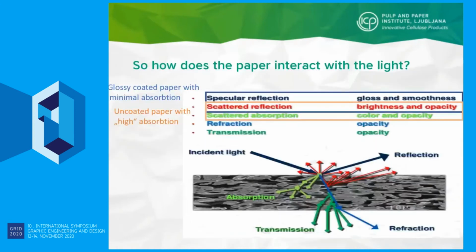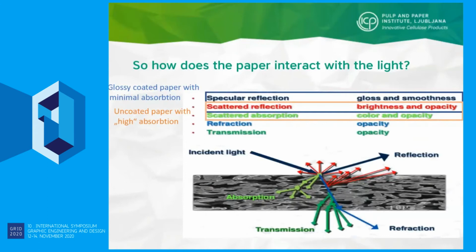So how does the paper interact with light? For example, glossy coated paper has minimal absorption. Uncoated papers, where you don't have calcium carbonate or kaolin, have high absorption. When you have minimal absorption, the main optical effects are the specular reflection and some part of the scattered reflection. So basically, you're dealing with gloss and smoothness or roughness, and brightness and opacity.